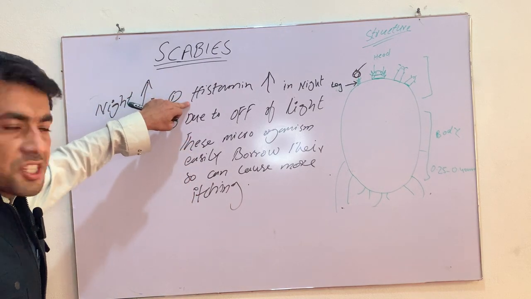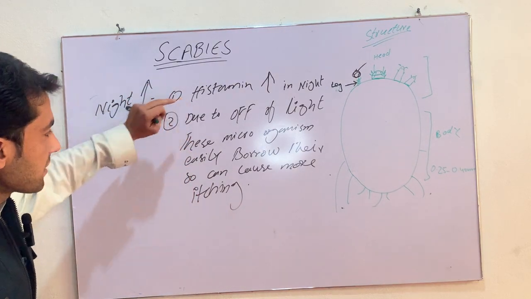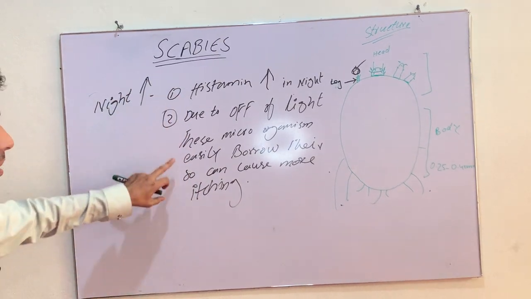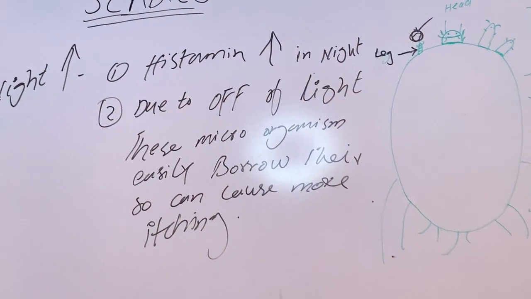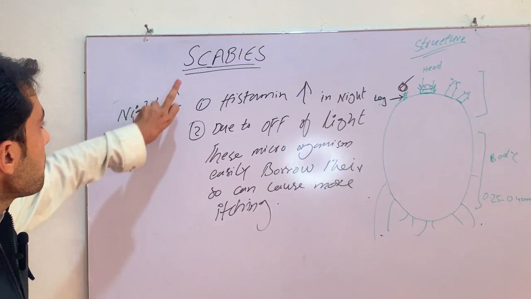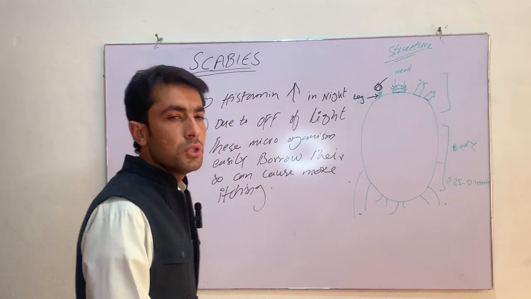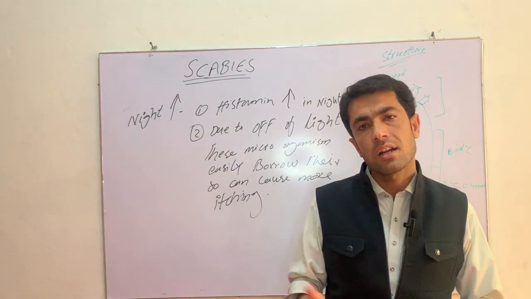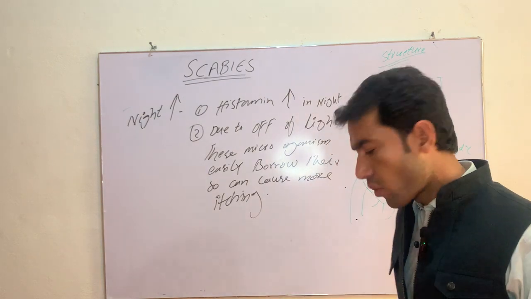So in night time the histamine level is increased, and these microorganisms can easily burrow at night because Sarcoptes scabiei is sensitive to rays. So in daytime, it cannot burrow into the stratum corneum layer.